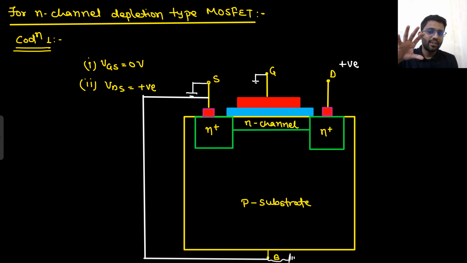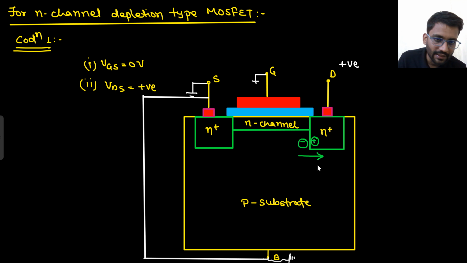So the very crude way was that because of this positive supply, here there are electrons, they are getting swept. But the actual reason is that this electric field is formed because of the depletion region, and it has this direction.